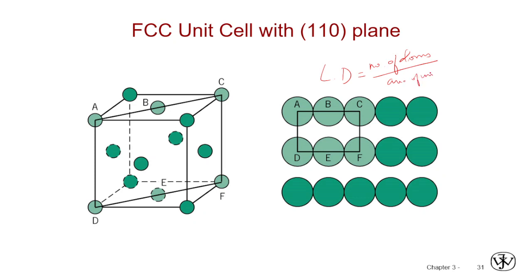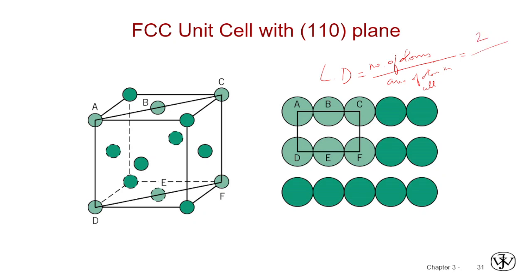So number of atoms here is, how many do we have? Two. Yeah, exactly. So we have 2.